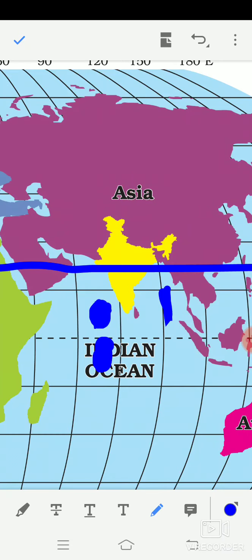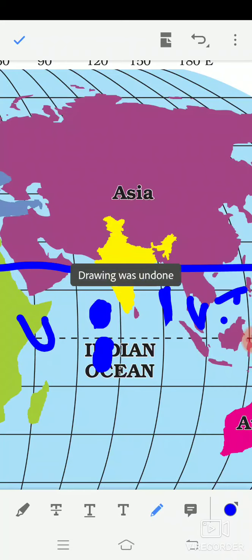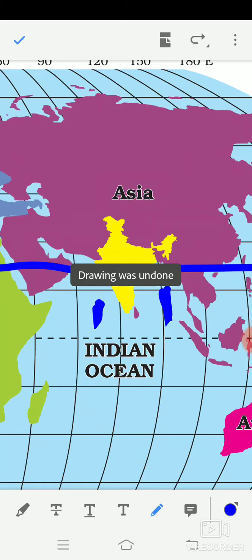Don't confuse Lakshadweep and the Maldives. The Maldives is not part of India, but Lakshadweep is part of India. It is a union territory. Andaman and Nicobar is also a union territory, UT, and Lakshadweep is also a UT. Clear? So I hope the concept is clear till here. Now coming to the next thing.